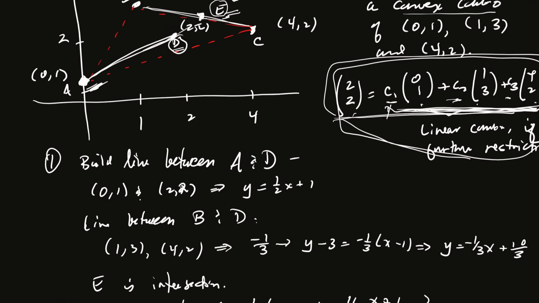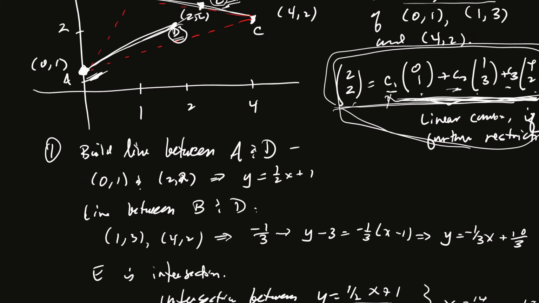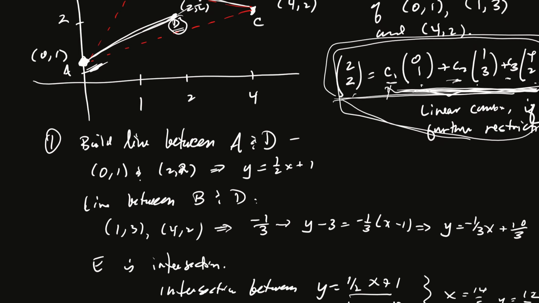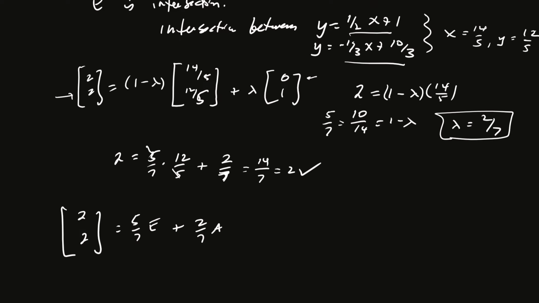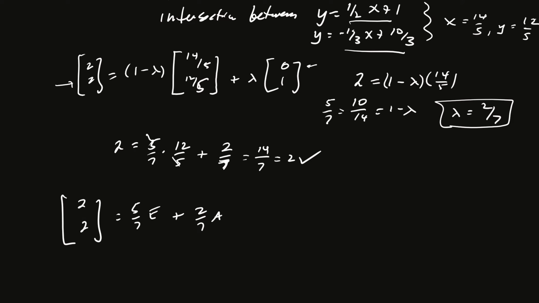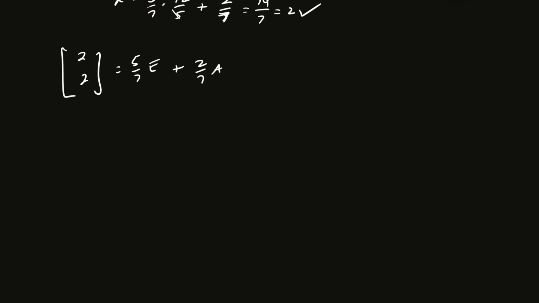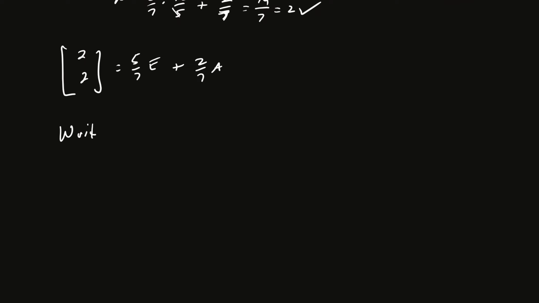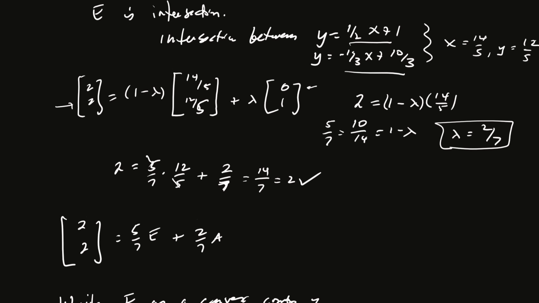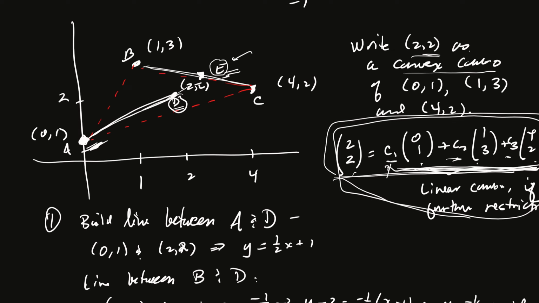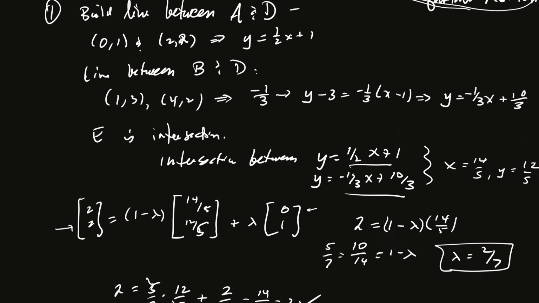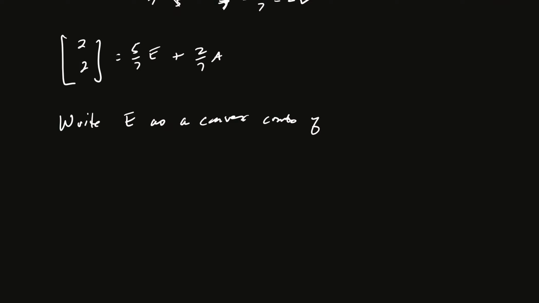Did we find that? Did we write E as a convex combo of B and C? Oh, I don't think we did. So I still need to do one more step. Write E as a convex combo of B and C, which were 1, 3 and 4, 2.